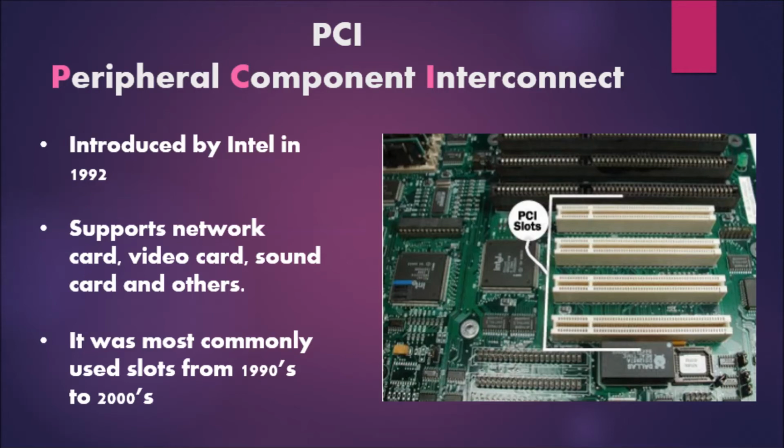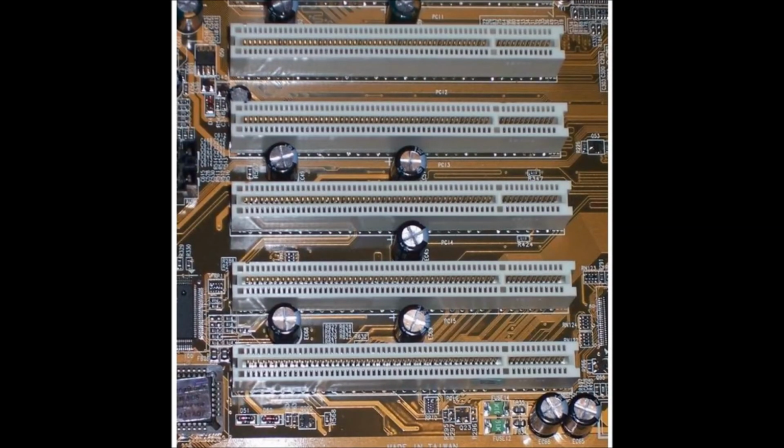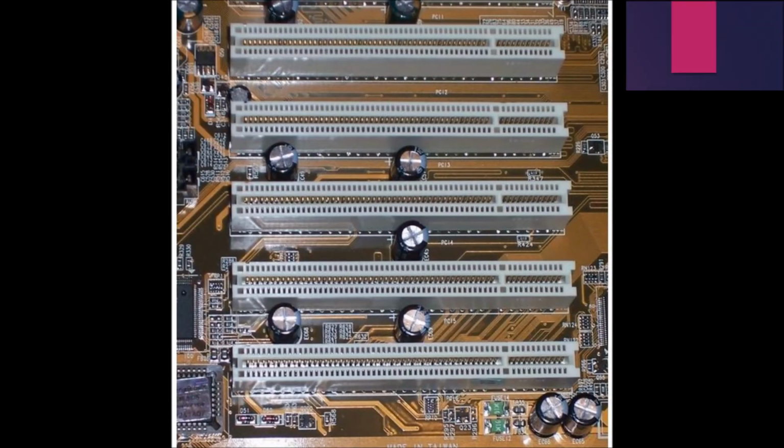From the 1990s to the 2000s, this was the most commonly used slot. But today, very few motherboards come with PCI slots because they are being replaced by PCIe. But those motherboards that still do come with PCI slots will generally have 1 to 3 PCI slots.